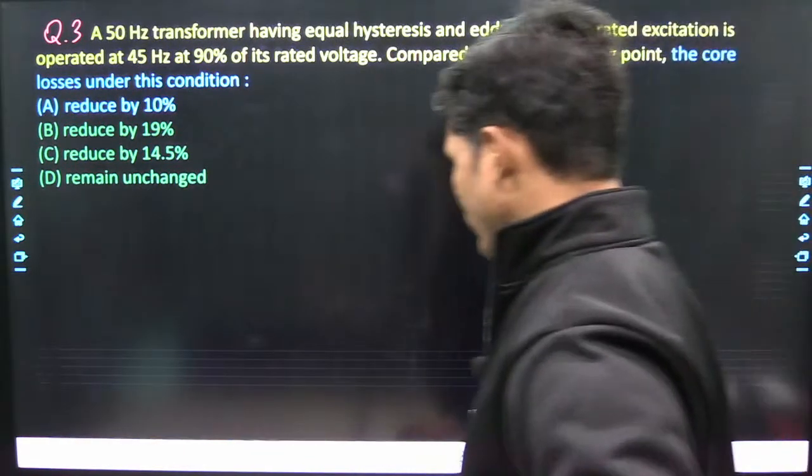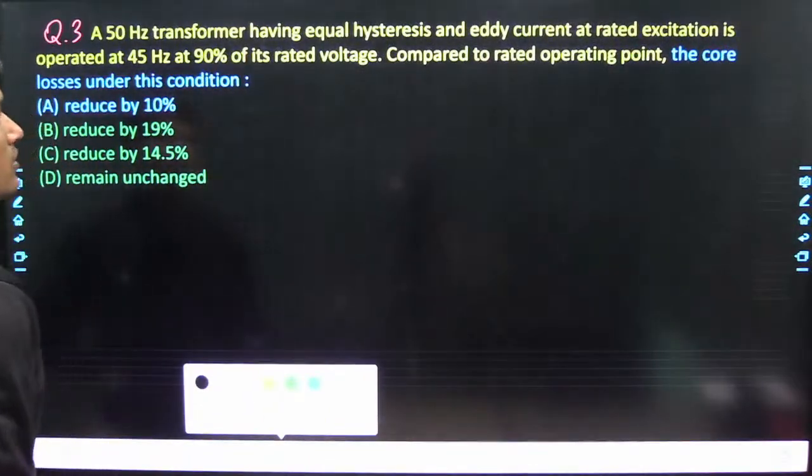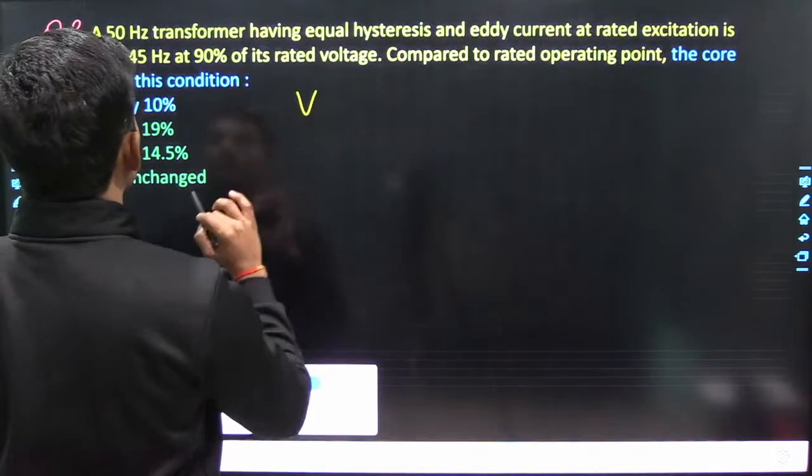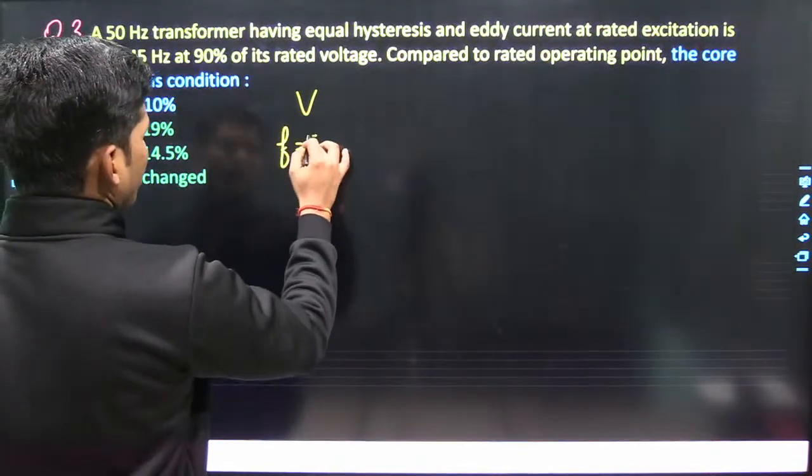Now, what is given over here? Let the rated voltage be V and frequency f equal to 50 Hz.